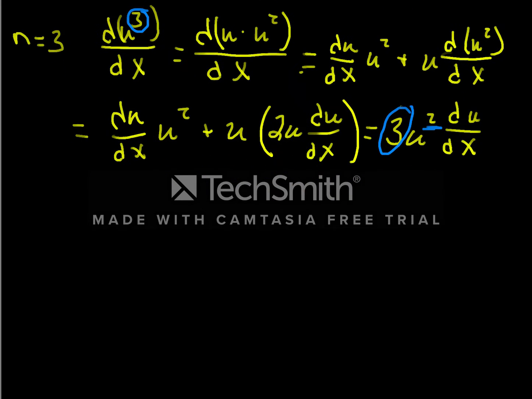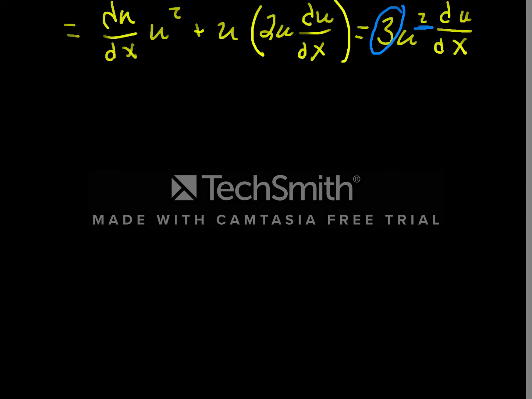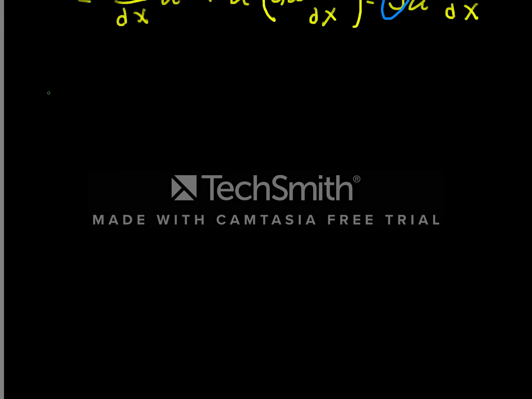All right, let's do just one more case in case you haven't seen the pattern yet. We'll do it for n equals 4, but it should be familiar. So if n equals 4, the derivative of u to the fourth, dx.